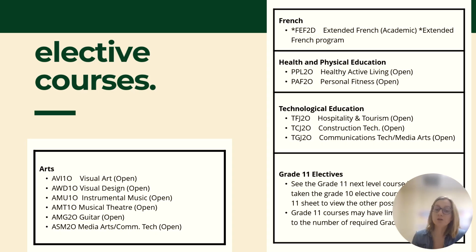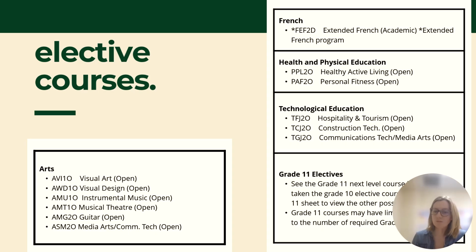If your student is really interested in that theater side of things, we can code it as a tech credit. So if your student needs a tech credit and they really enjoy the arts and theater, they could earn that tech credit through the visual design course.